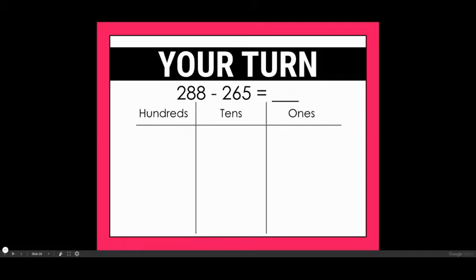So our minuend this time is 288. So think about this number in expanded form. You're going to pull the hundreds down here, your tens down here, and your ones down here. So let's put 200 in the hundreds, 80 in the tens, and 8 in the ones.